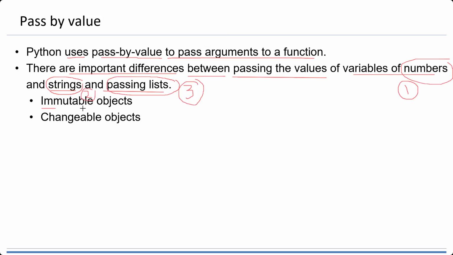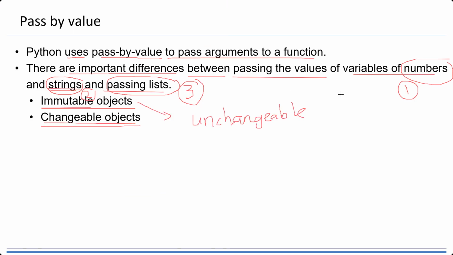We can split those things into two: immutable objects and changeable objects. You still remember? Immutable means unchangeable. You cannot change it. So a string is immutable.